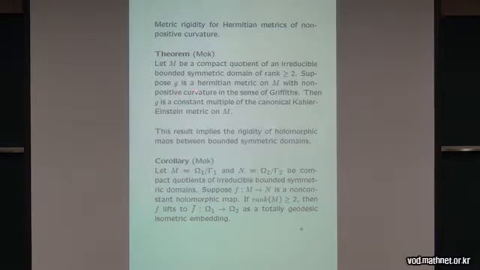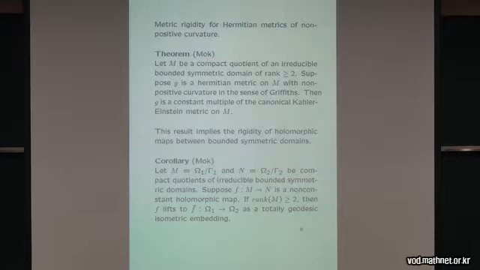Suppose M has another Hermitian metric with non-positive curvature, then this g is just a constant multiple of the canonical Kähler-Einstein metric. So that means M has basically one Hermitian metric with non-positive curvature.